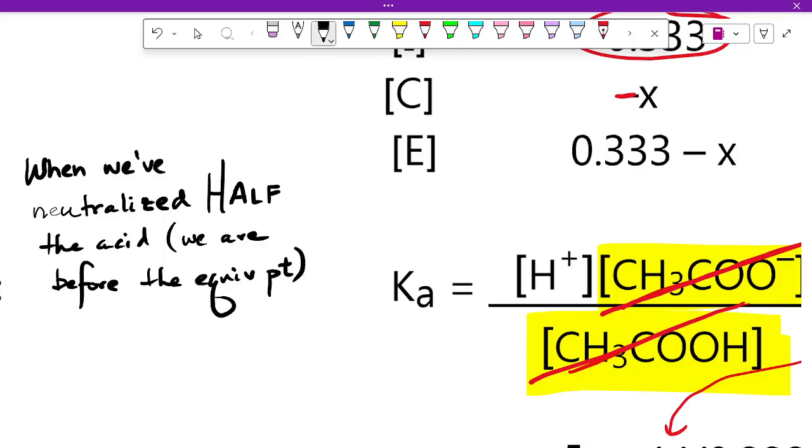And what's the equivalence point? The equivalence point is when we have neutralized all the acid, okay? And we don't have any excess acid or base. But when we've neutralized half of it, we call that the half equivalence point.